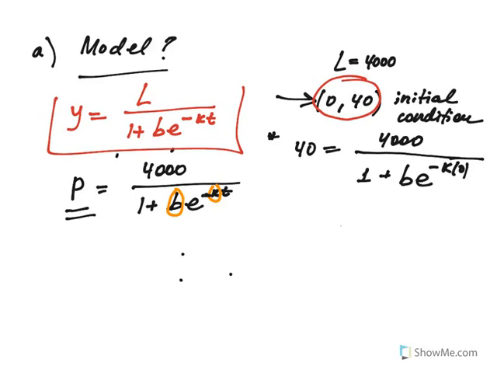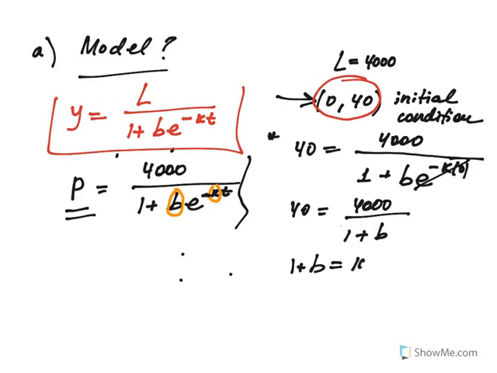So again, we're using the initial condition, t is 0, P is 40. Let's see if we can solve this equation for b. 40 equals 4,000 over 1 plus b e to the power of negative k times 0, which is 0, so that becomes a 1. Yes, e to the power of 0 is 1, so we get 1 plus b, and 1 plus b equals 100, and therefore b equals 99.